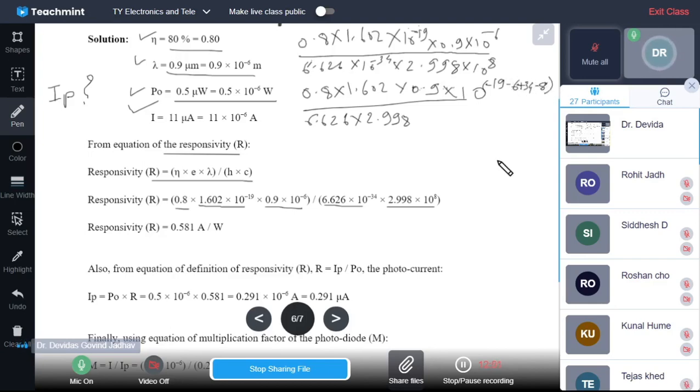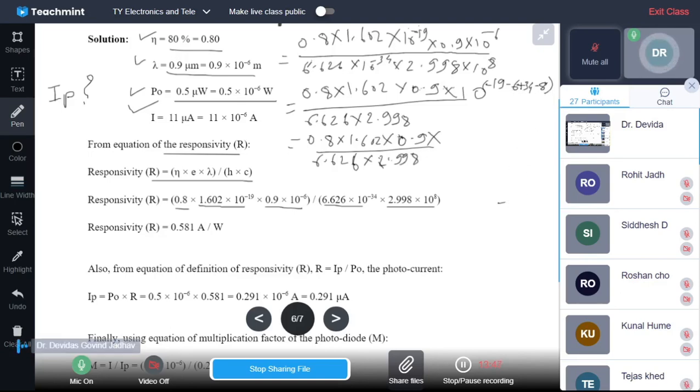So we can write this as 0.8, 1.602, 0.9, divided by 6.626 multiplied by 2.998, multiplied by 10 to the power minus 19, minus 6, minus 8. 19 and 6, 25, and 8, 33.